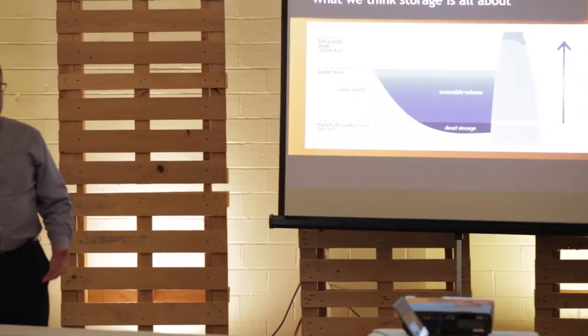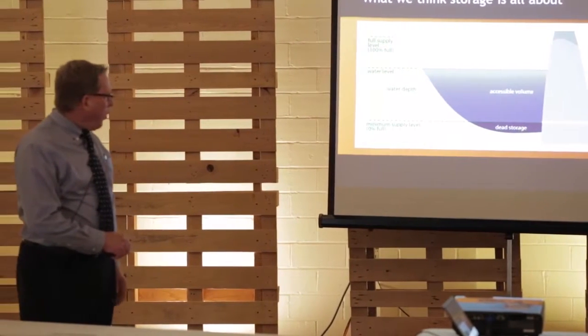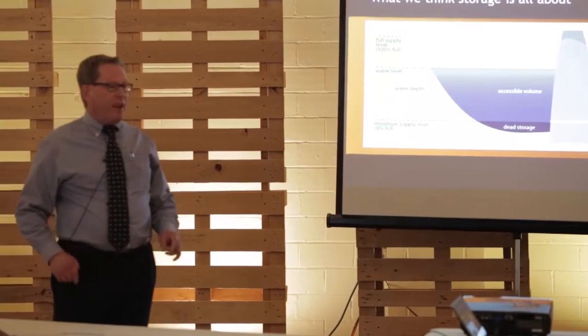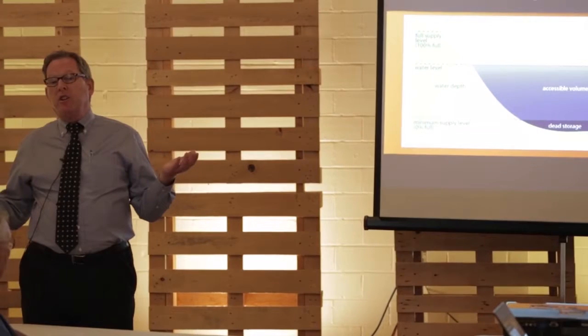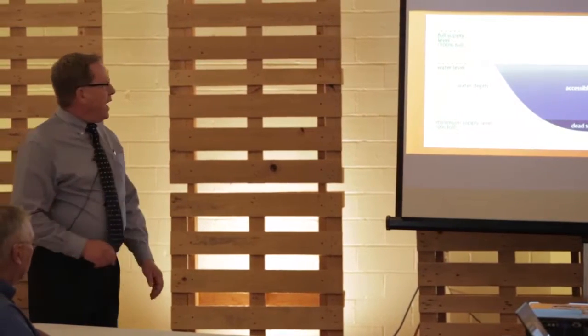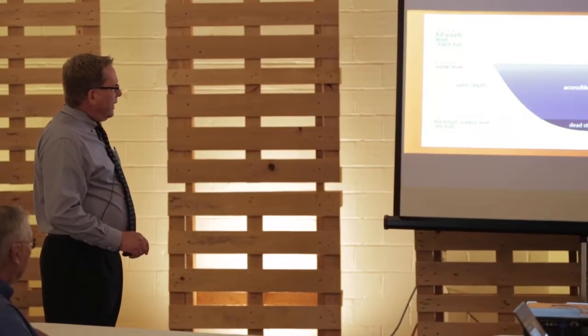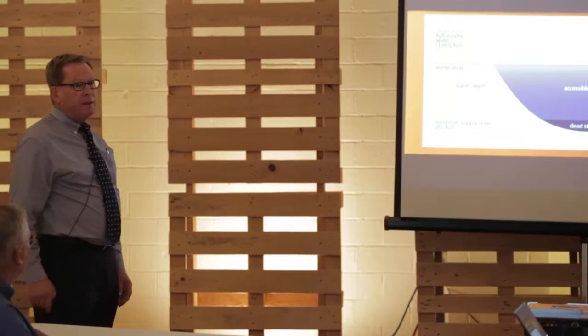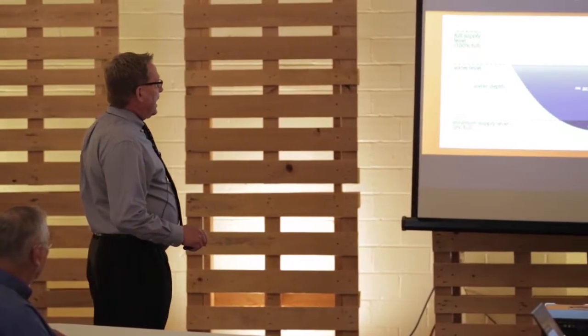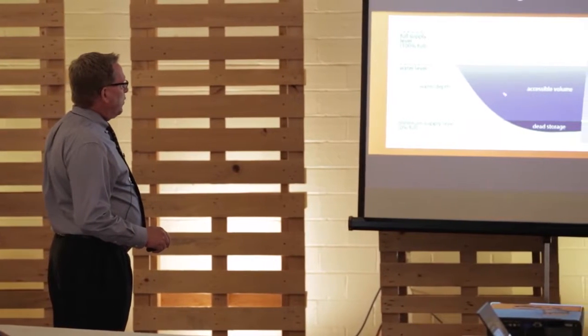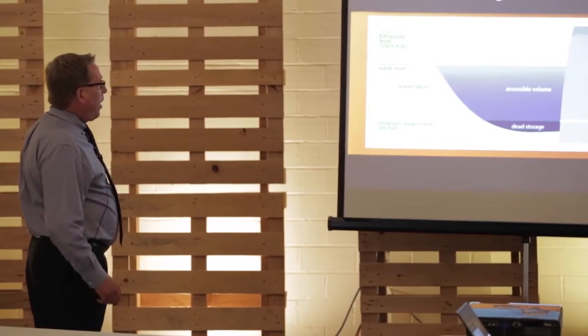So when a dam is designed, the volume required for the sediment is estimated using about 50 years. And then the lowest level outlet is put above that storage zone. Then in the middle we have what's called accessible volume. This is where most of the water is stored.